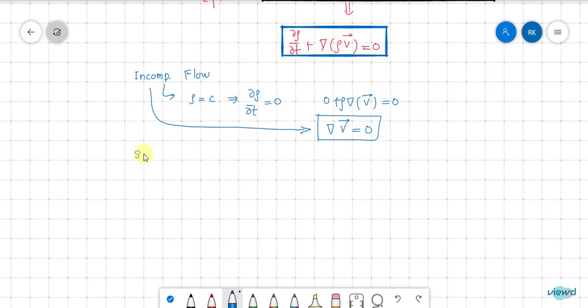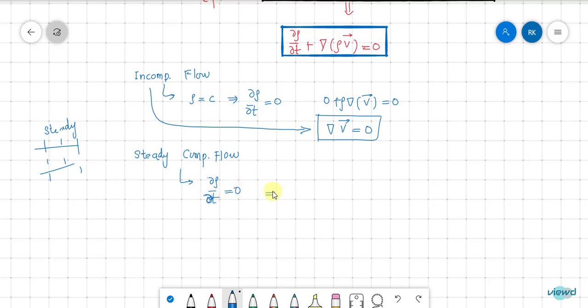Another important flow is steady compressible flow. If the flow is compressible but it is steady, then what is the continuity equation? Steady flow means properties do not change at any section with respect to time. So ∂ρ/∂t is equal to 0.